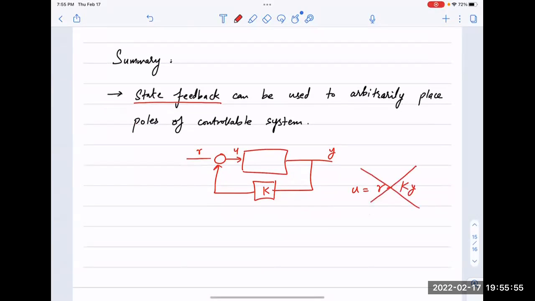This is incorrect, because the output y is not the right ingredient that we need to modify the state, because we have to eventually go to a minus BK, which is only possible if the K multiplies x, right?